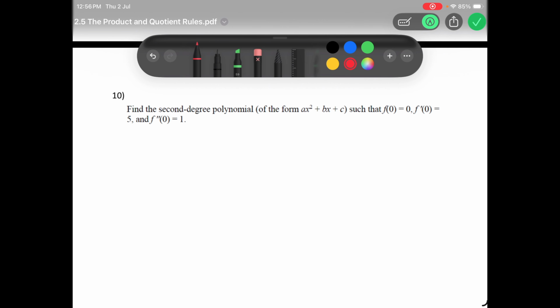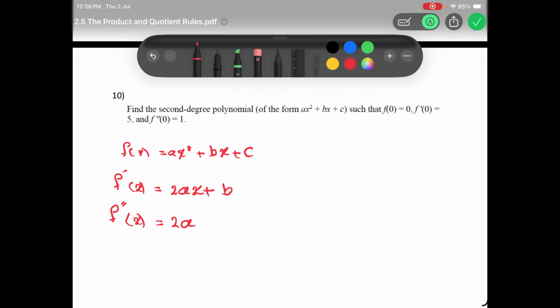So this is f of x. f of x equals ax squared plus bx plus c. Obviously f prime of x will be 2ax plus b, c will be 0, and I have here f double prime of x, which is no more than 2a. And I will use each one of them to find one variable each time.